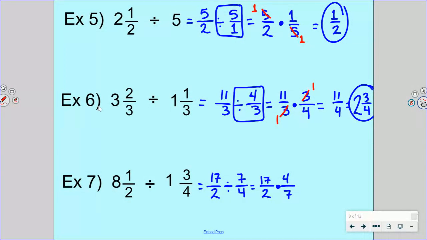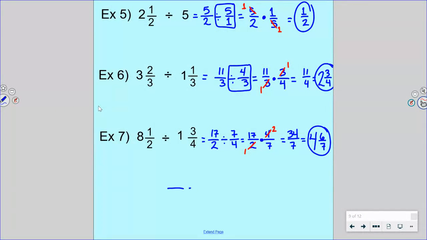Some quick cross-canceling. 17 sets of 2 or 2 sets of 17 is 34. 1 set of 7 is 7. Convert that into simplest form.